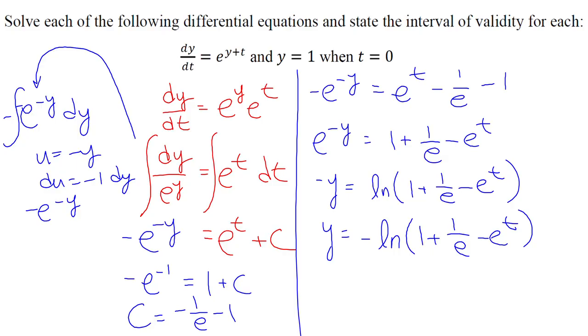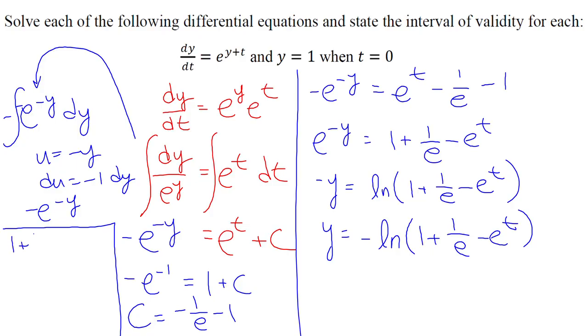that's great. That's our solution, but we also still need to find the interval on which this thing is valid. And so what we have to do is figure out when is 1 plus 1 over e minus e to the t greater than 0, because we can't take the natural log of things that are less than 0 or even equal to 0.